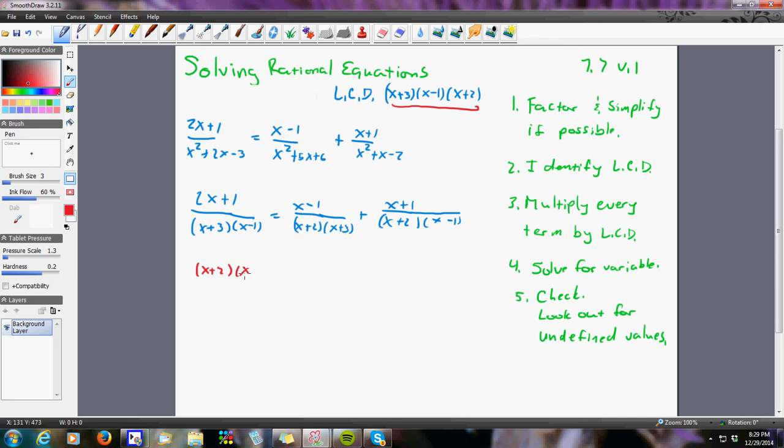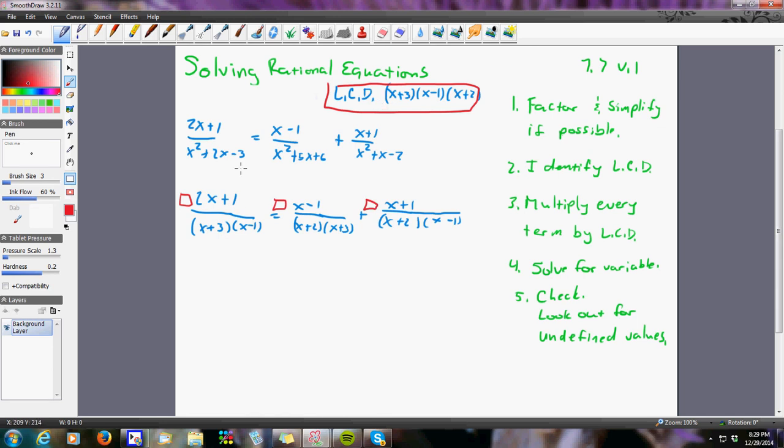x plus 2, x plus 3, x minus 1 times 2x plus 1 all over. Goodness me, how am I going to explain this? Basically, I'm going to multiply every term by this. So that whole thing will go here, here, and here.